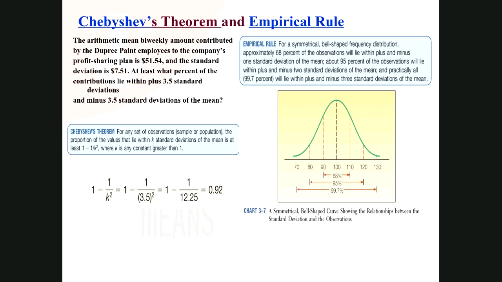So in this case, we have 1 minus 1 over 3.5 squared, which is 1 minus 1 over 12.25, which equals 0.92. So that is the percentage of contributions that lie within plus and minus 3.5 standard deviations.